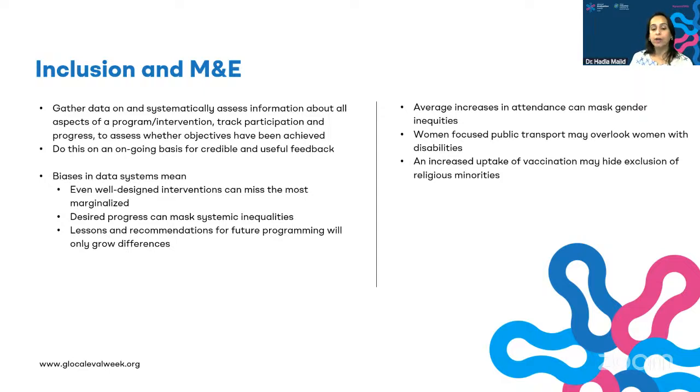I could have a monitoring and evaluation system of a transportation intervention, which could show that women are using my public transport more. But because I missed women with disabilities in my monitoring mechanisms, an improvement in women's usage could actually mask that we are leaving out women with disabilities.